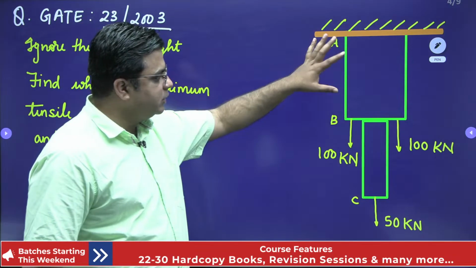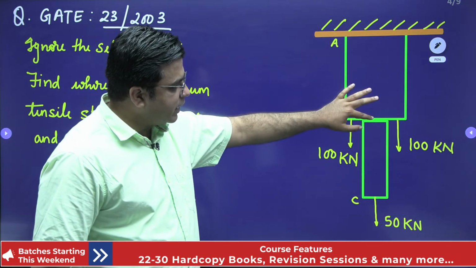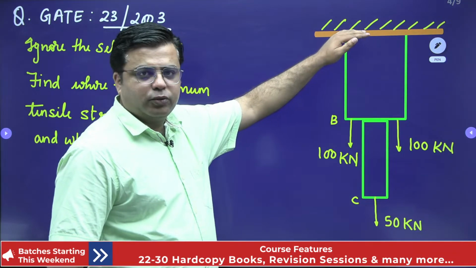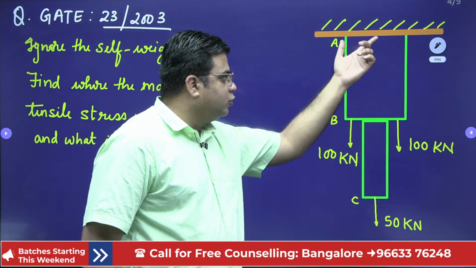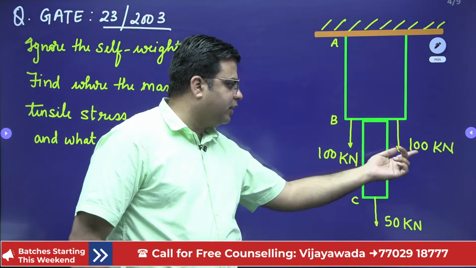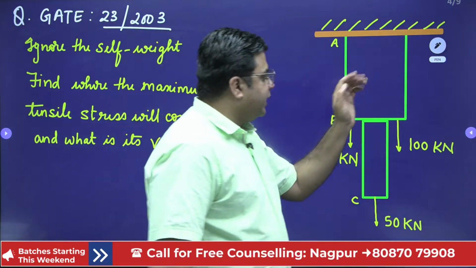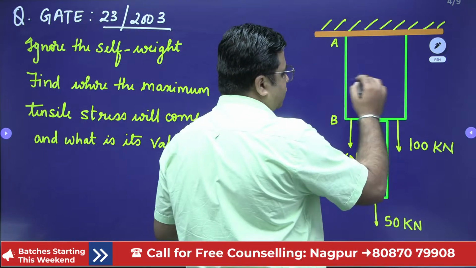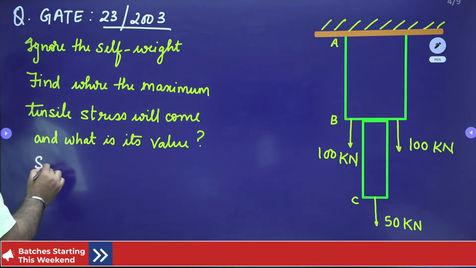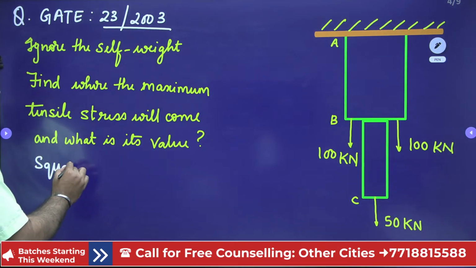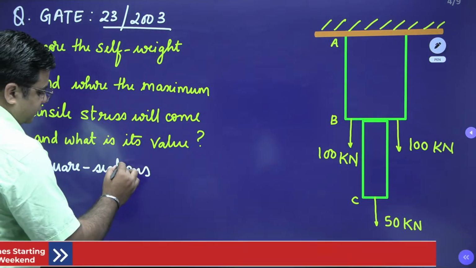So you have two members given to you, member AB and member BC. Both of these members are connected and they are hanging from a support. A load of 50 kilonewton is acting over member BC and two loads of 100 kilonewton and 100 kilonewton are acting on member AB. Both of them are square sections.